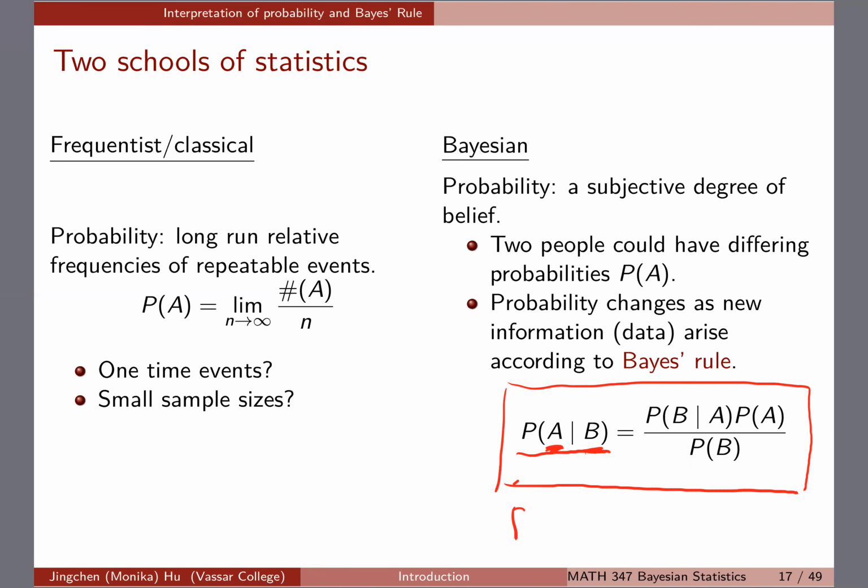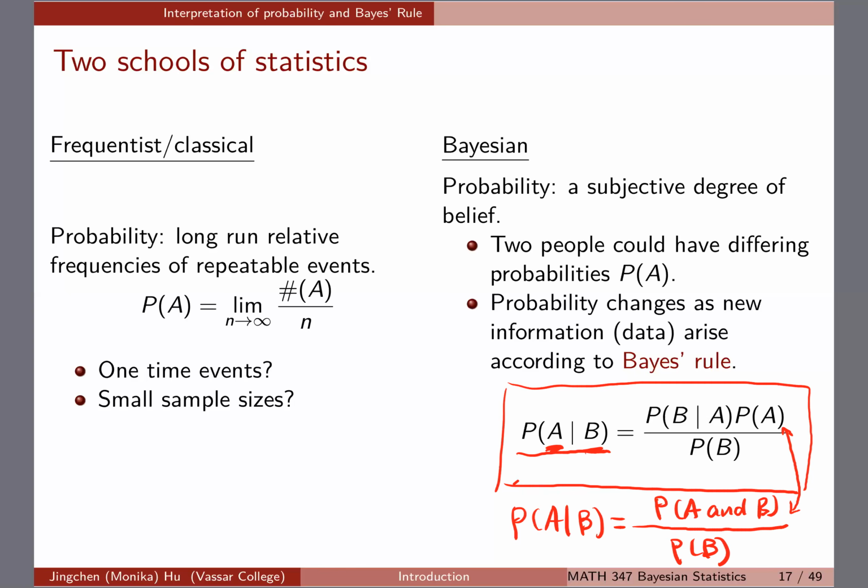And typically, you probably have seen this as P(A and B) over P(B). Because we can get conditional probability from the ratio of the joint over the marginal. Okay? And what we do, we just update or re-express the numerator a little bit because the joint can be expressed in a different way.